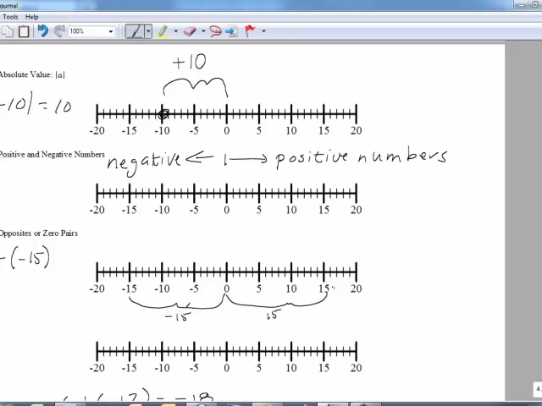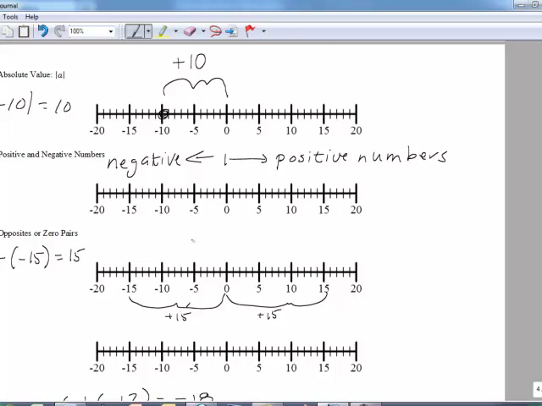They're on opposite sides of the zero with the same distance. So the distance, or the absolute value of negative 15, is 15, and the distance, or the absolute value of 15, is 15. We write it like this: the opposite of negative 15 is 15.